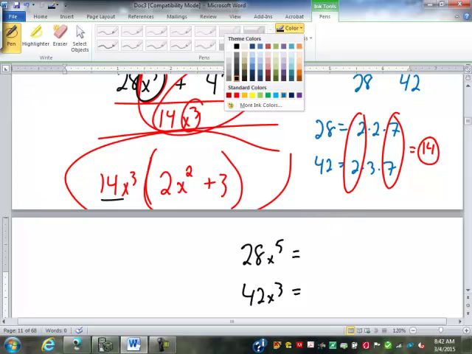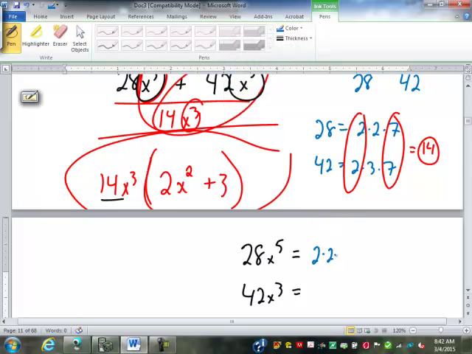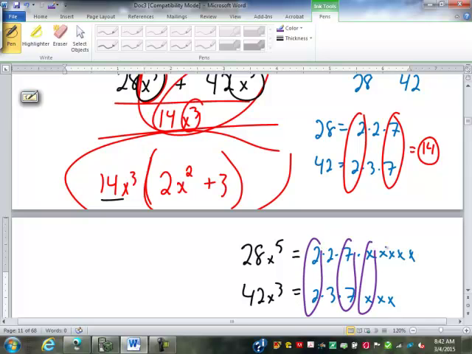When you're doing a greatest common factor, you're factoring this out: 2 times 2 times 7. Well, x to the fifth is 5 x's. 42 is 2 times 3 times 7. x to the third is 3 x's. You've got a 2 in common, a 7 in common, and 3 x's in common. So that's where the x to the third comes from. It always ends up being the smaller of the two powers, so just always take the smaller of the two powers.